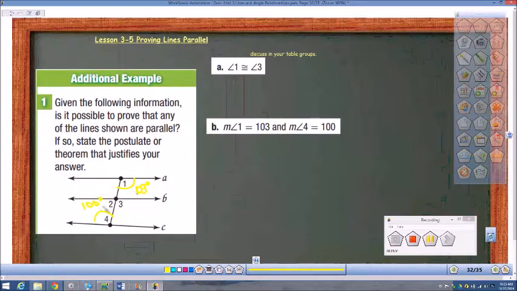Well, if those were anything, they would be alternate interior angles. And because they are not congruent, that immediately tells us that line A is not parallel to line B. So there's no postulate here that proves that, because they're not congruent, so there's not a postulate that shows that A and C are parallel. In fact, we can prove that they're not, since these two are not equal.